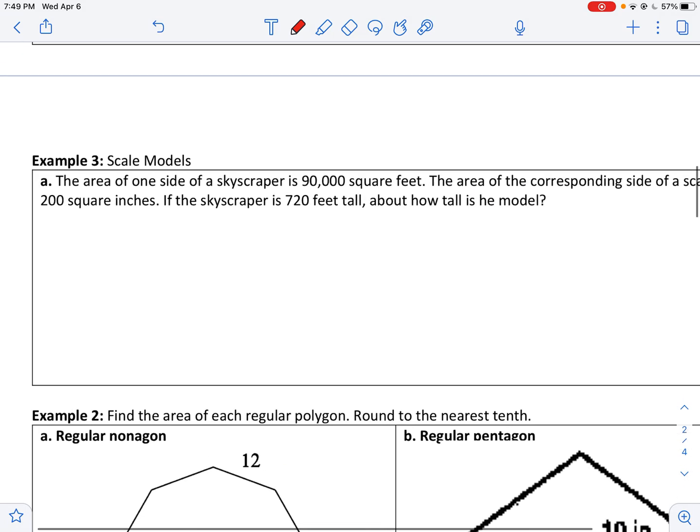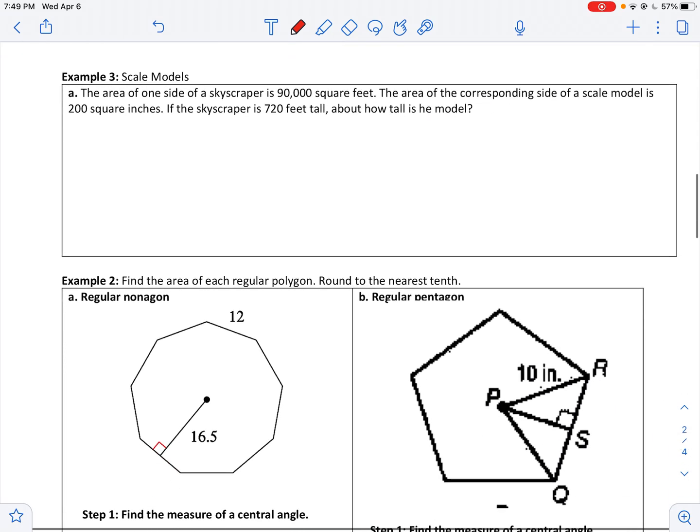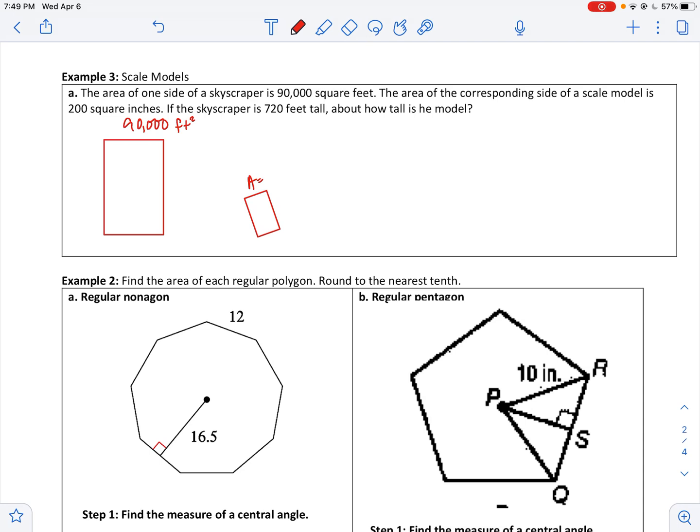And another one here, a good one to pause, try on your own, and then unpause. I've got this area of a side of the skyscraper is 90,000 square feet. The scale model of that same skyscraper, the area is 200 square inches.